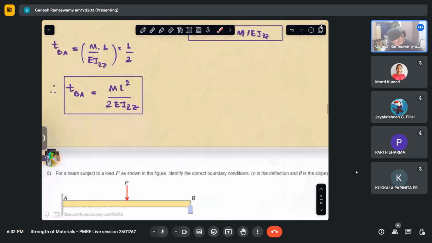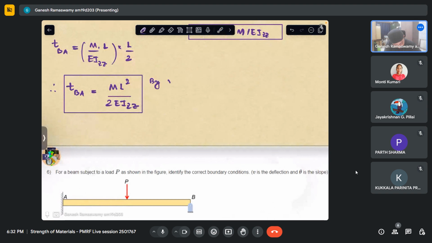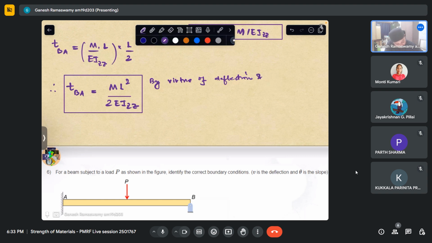So by virtue of deflection and slope at A being 0, this directly gives us deflection at B, which is ML squared by 2EI.